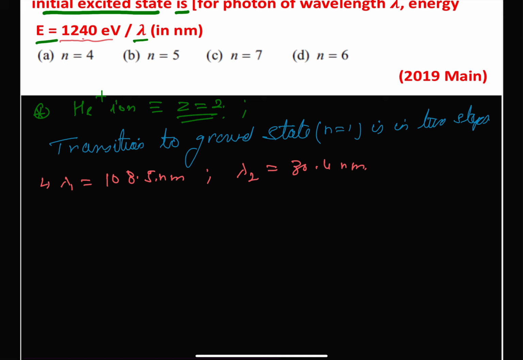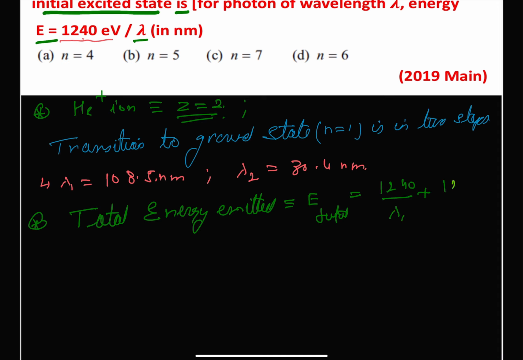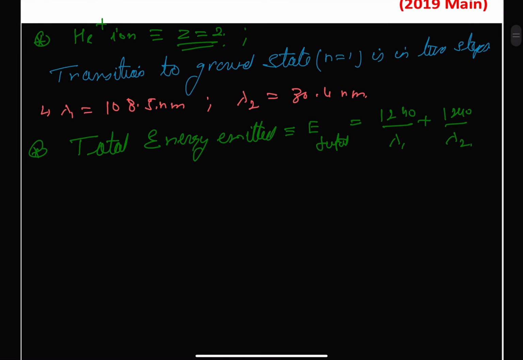So we have 2 wavelengths, therefore we can write that our total energy emitted, let us call this as E total, will be equal to 1240 divided by lambda 1 plus 1240 divided by lambda 2, and this gives us that our E total will be equal to 1240.